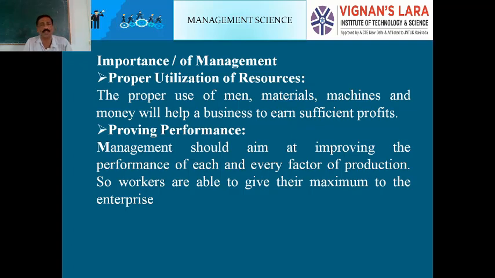Management provides opportunity. It aims at improving the performance of each and every factor of production. Factors of production mean land, labor, capital, organization. So workers are able to give their maximum to the enterprise. The enterprise development completely depends on efficient manpower in an organization. Management helps us to effectively use the manpower for development of the enterprise.